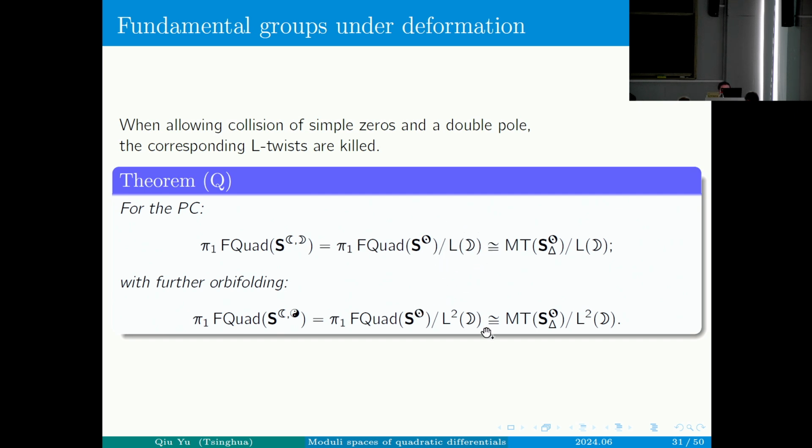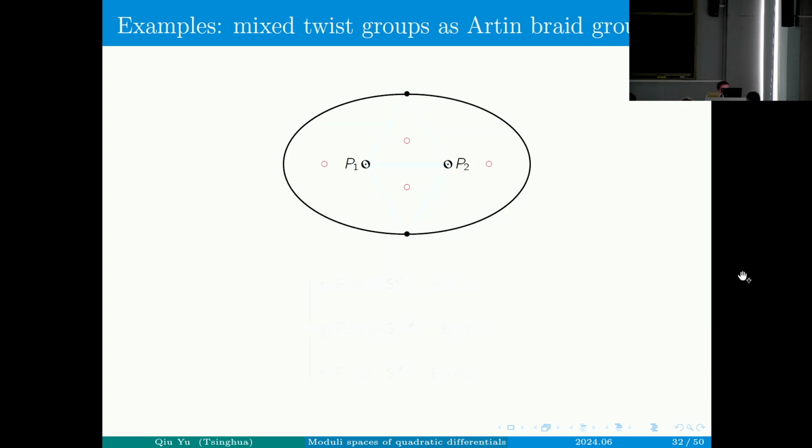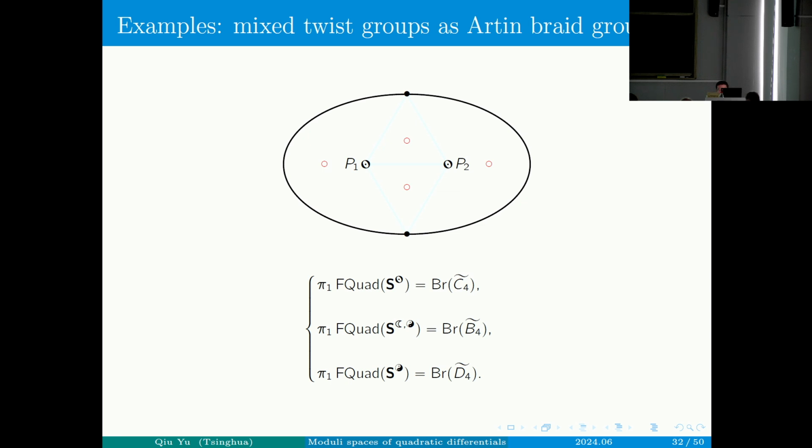So in the fundamental group, you are killing the L twist around the right moon. And if you want to do orbifolding, which we really want to do, then you want to take out the square of the loop. Again, let's see some examples.